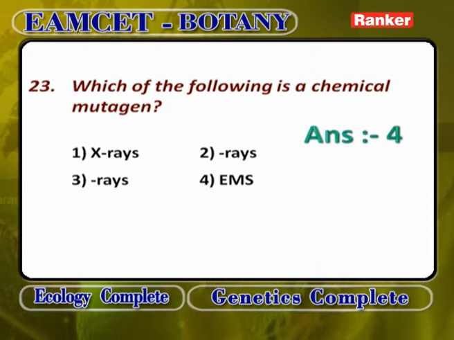Which of the following is a chemical mutagen? X-rays, alpha rays, gamma rays, ultraviolet rays, neutrons all come under physical mutagens.